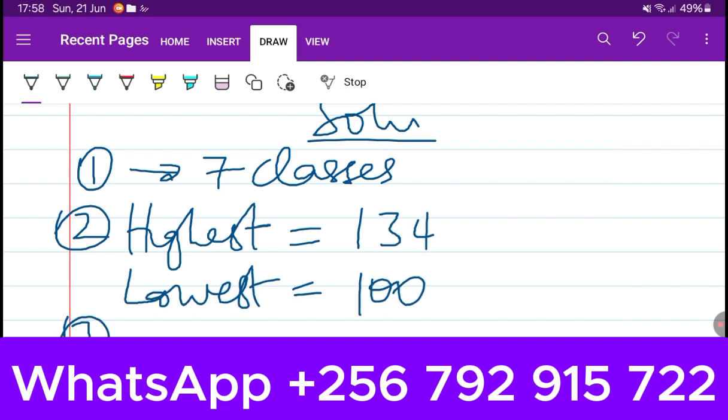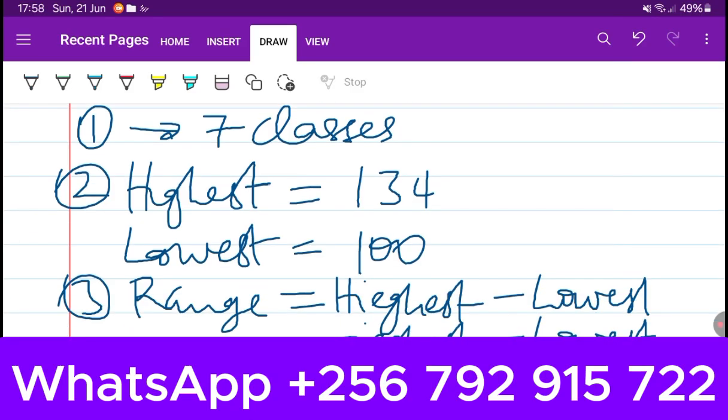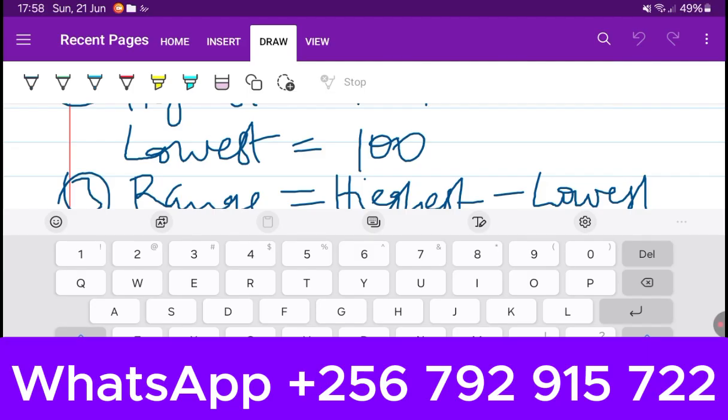Step 3, we compute the range. We say the range is the highest minus the lowest values.